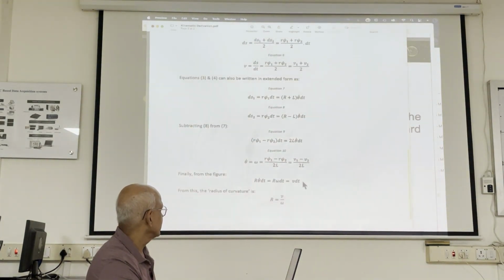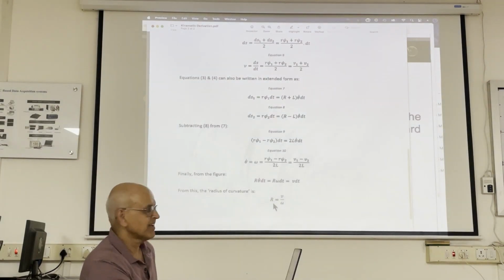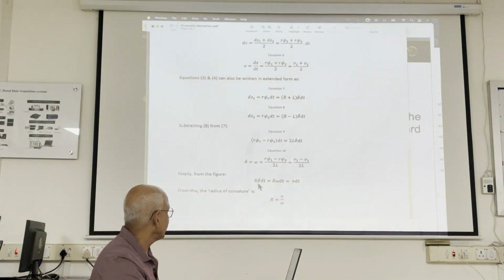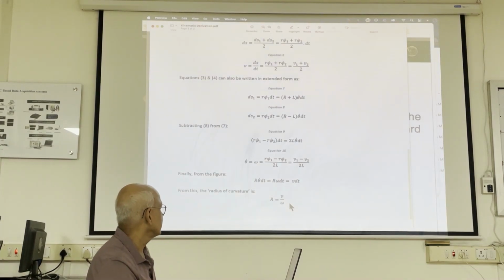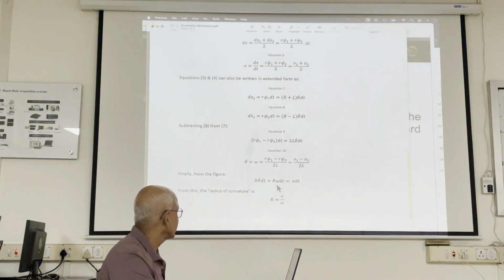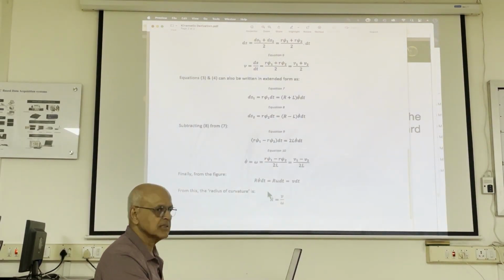Here it is, and there's your equation. R theta dot dt is equal to R omega dt, is equal to V dt, all from that figure. And then R turns out to be just V by omega. Is that okay? Because dt cancels, V by omega gives you R.